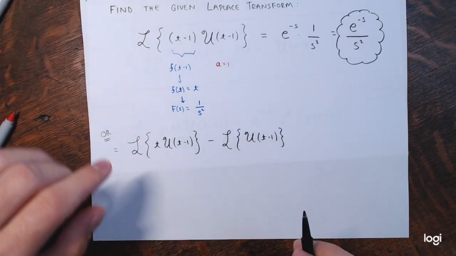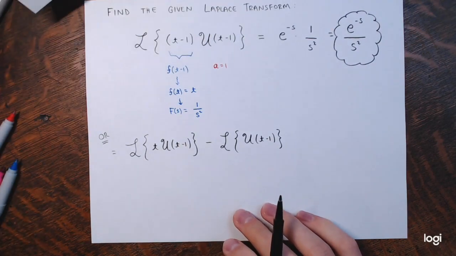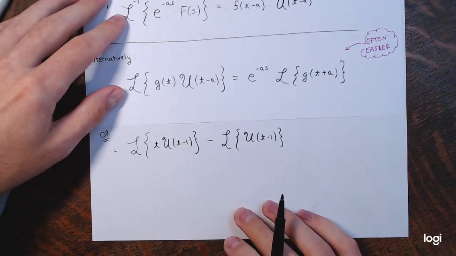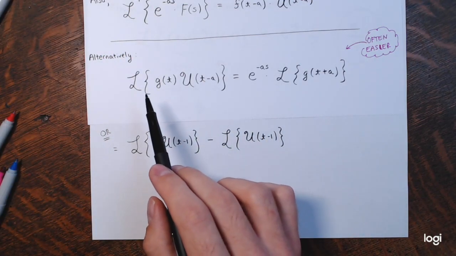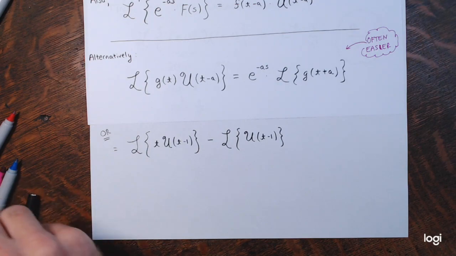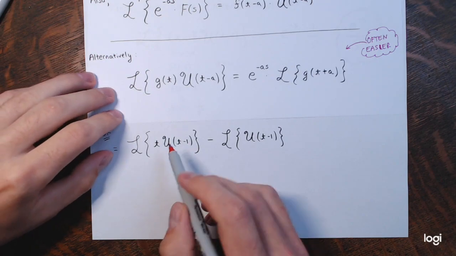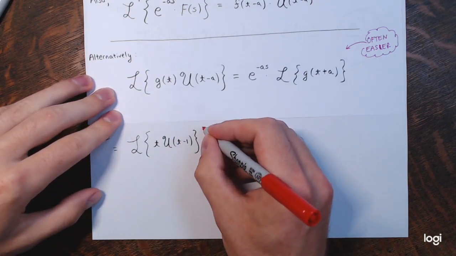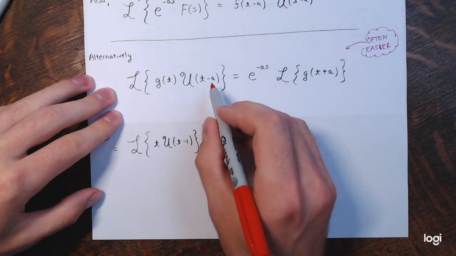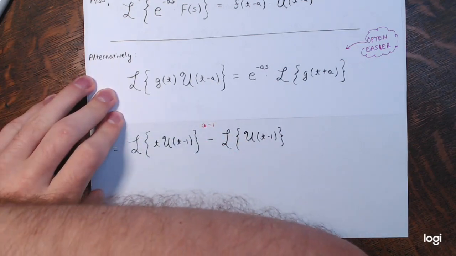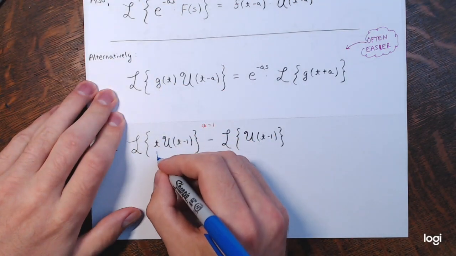And then using the alternate version of the theorem, this one here. In the first Laplace transform we have, again, a equals 1. We have the unit step function at t minus a. And then the g of t that's mentioned in this formula is t.